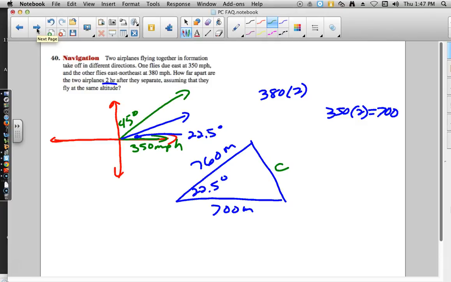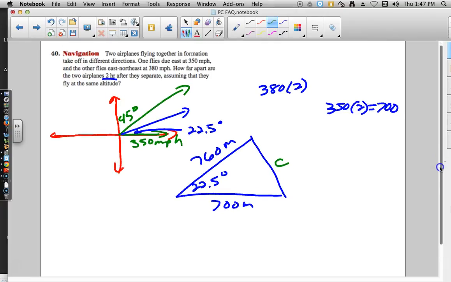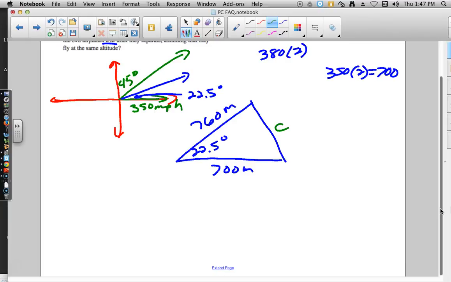Now we definitely see that, and it says assuming that they fly at the same altitude, and that would be wind speed and all that good stuff, air resistance. They don't want to make that different. So now what we'd have to do is law of cosines, because we have a side angle side relationship.